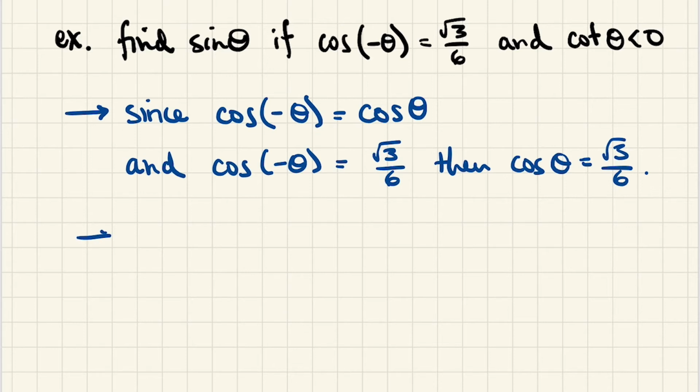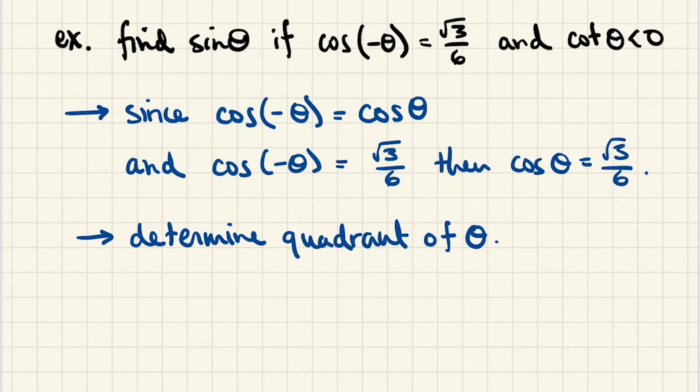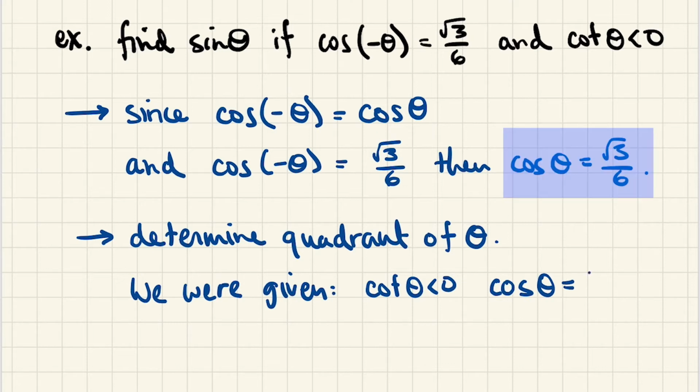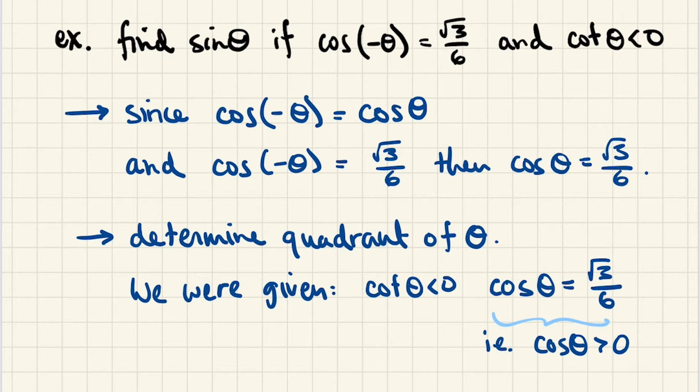Okay, so the next thing we should determine is the quadrant of theta. So what were we given? Well, we were given that cotangent of theta is negative, and we deduced that cosine of theta is rad 3 over 6, which is positive.